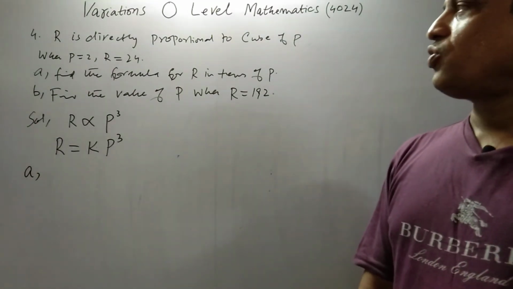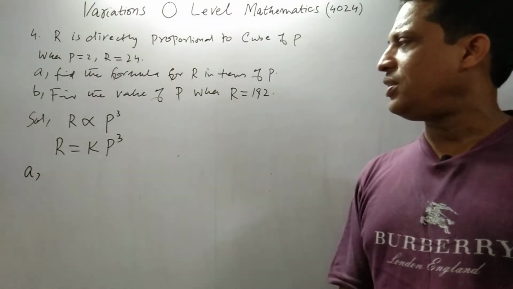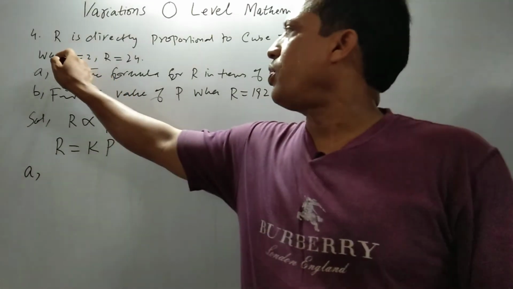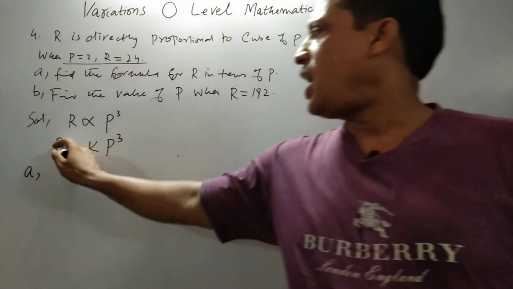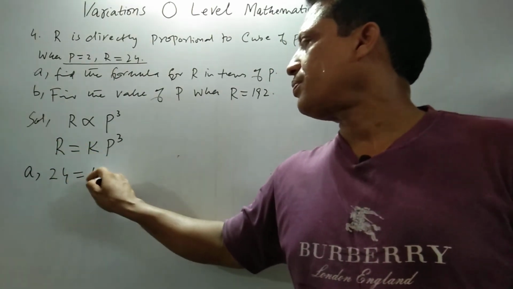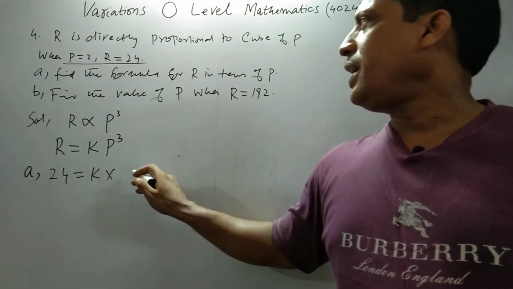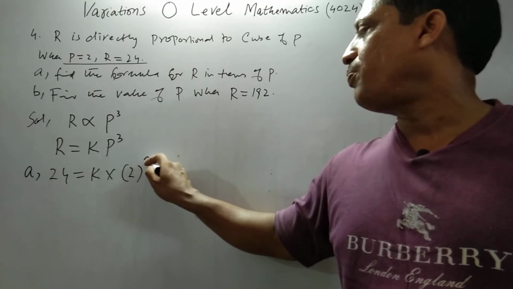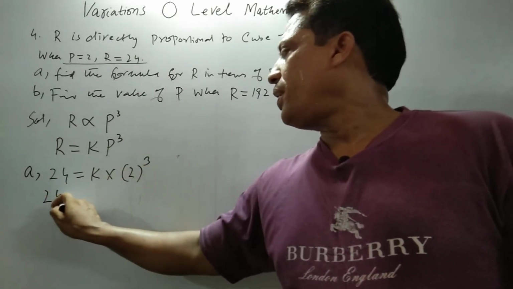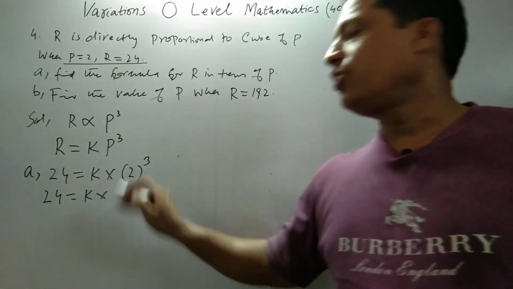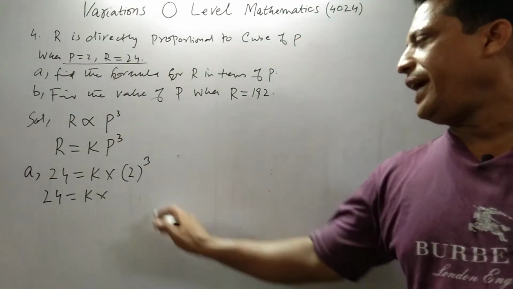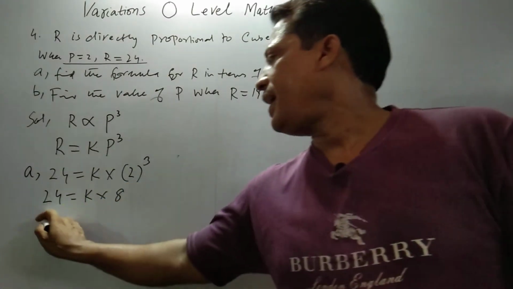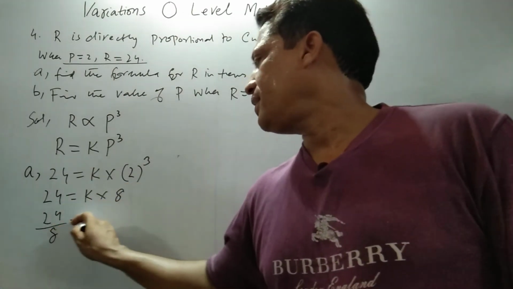So which two quantities give the value of K? These first two quantities. P is equal to 2, R is equal to 24. So R is equal to K P cube, 24 is equal to K times 2 cube. 2 cube is 2 into 2 into 2, 2 twos are 4, 4 twos are 8. 8 is multiplied, so this should divide.